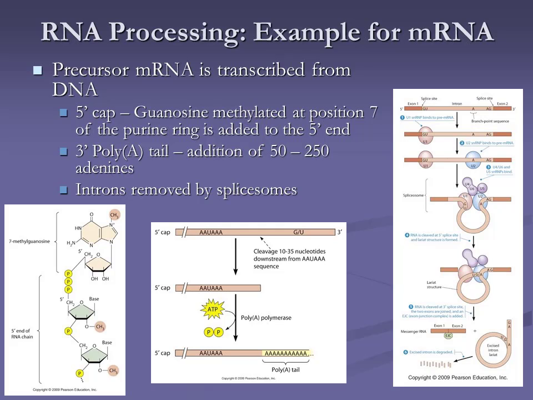In this illustration, we have an important region that is going to be important for encoding for protein, and we call those exons. And then the intervening junk regions are called introns. So here we have exon 1, exon 2 on either end of our mRNA that we're looking at, with the intron in the middle.